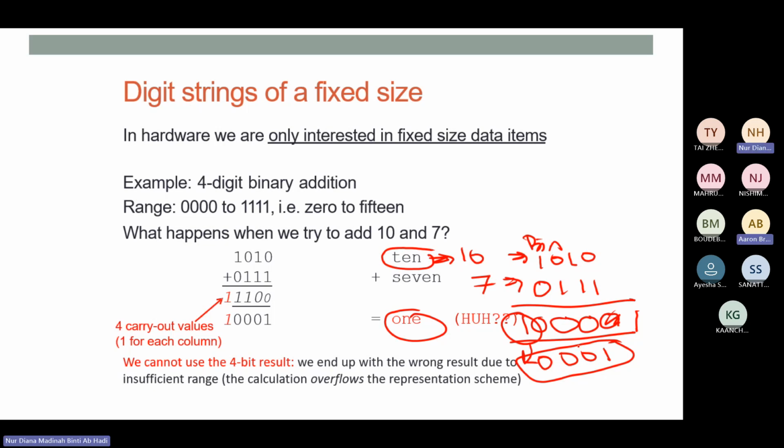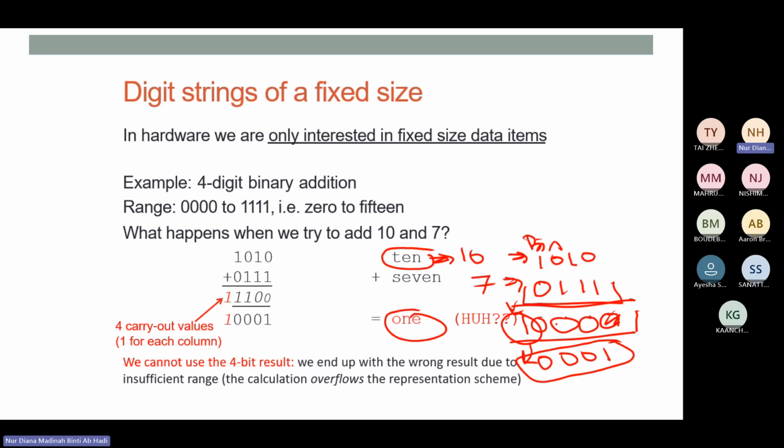Guys? Yes. So that's why we need to have an extra space which cannot be used as a 4-bit result, because we do not have a sufficient range to adjust our value that is more than the required data size here. Okay? Understand?